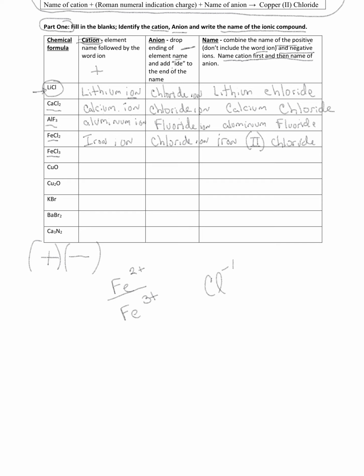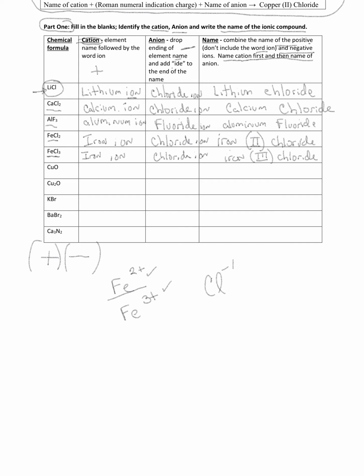In this next one, remember, you have iron, and then you have 3 chlorines, and you have a choice of either iron 2 or iron 3. So pick which one you think is here. Write down the name of the cation, the anion, and then the full ionic compound.